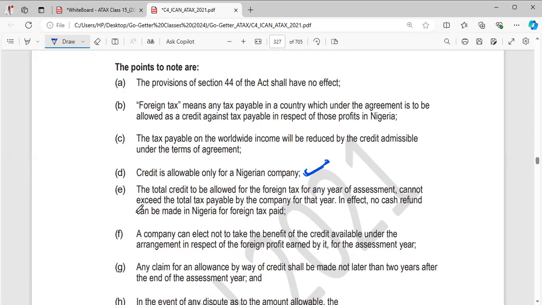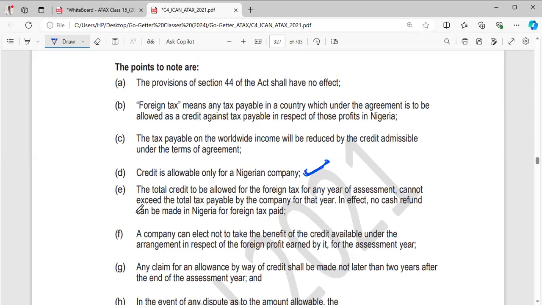But if it is a Nigerian company, of course, the Nigerian company should be in a foreign land earning income. Now, when the company there has been taxed in US, if it's coming to bring the income in Nigeria, we are going to relieve it with that double taxation relief.